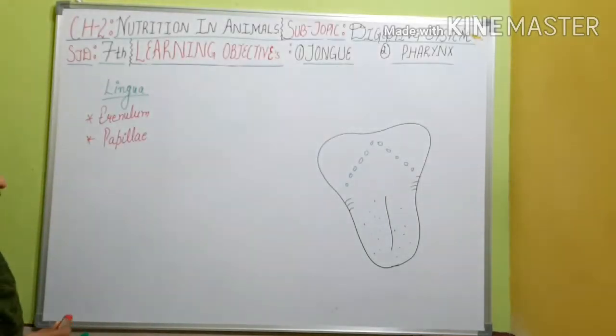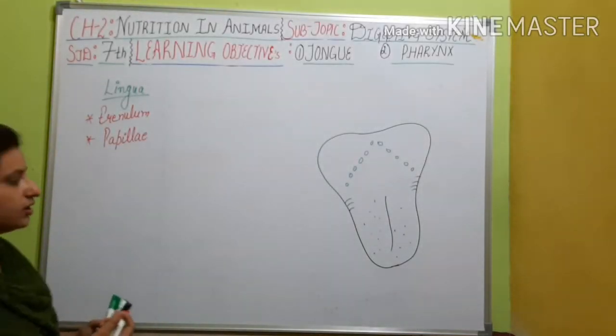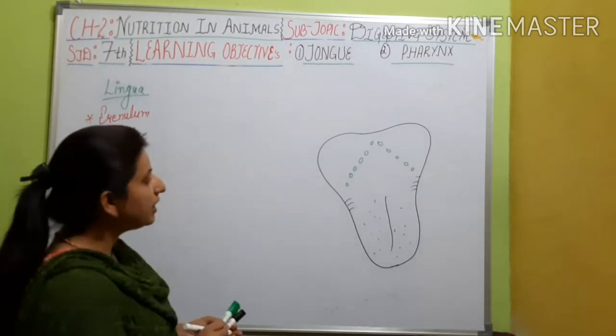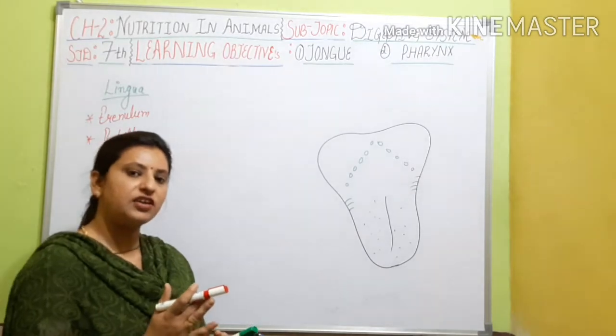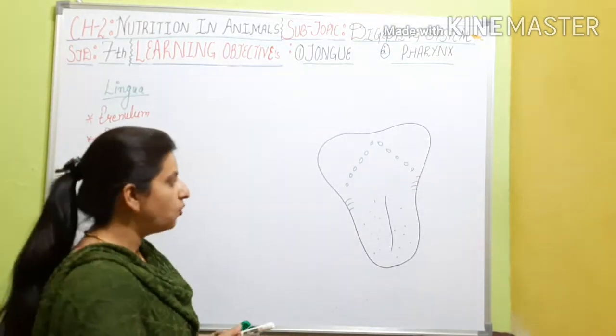As I told you, the papillae present on the surface of the tongue are divided into 4 categories. What are they?